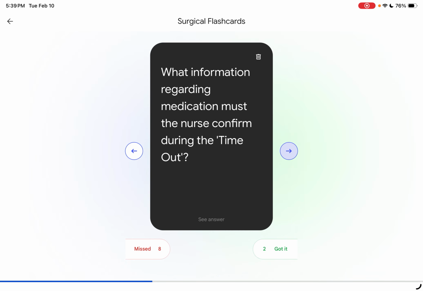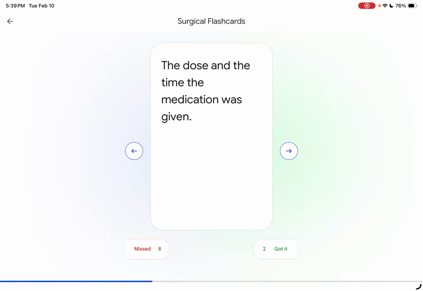What information regarding the medication must the nurse confirm during the timeout? Kailangan mo i-confirm, guys, the dose and the time the medication was given. Okay? The dose and the time the medication was given.